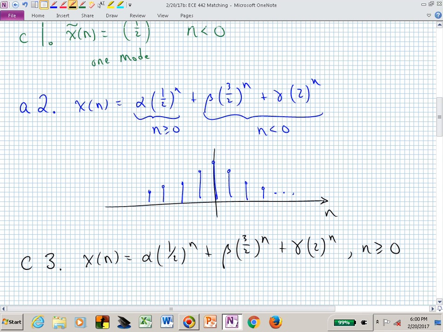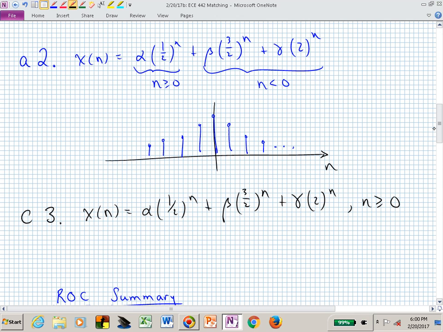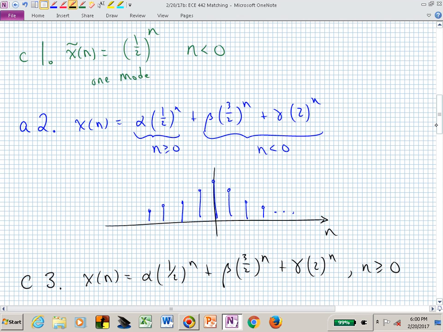Questions on that matching example? Yes. So when would I have bounded with no decay?